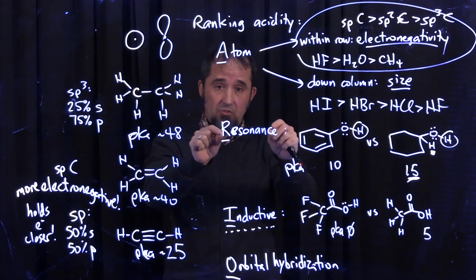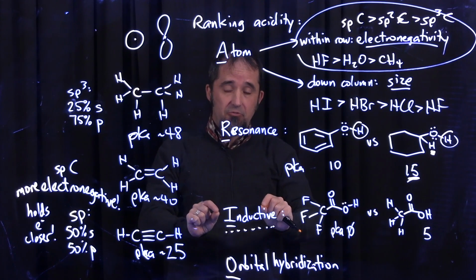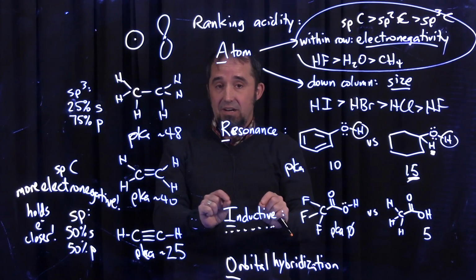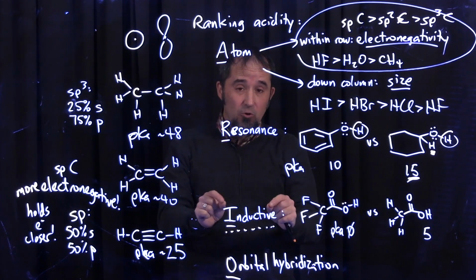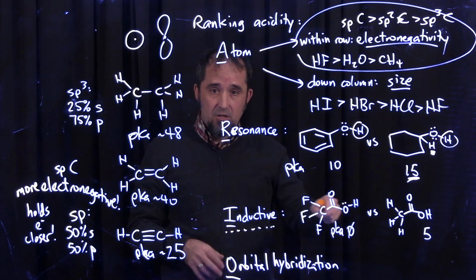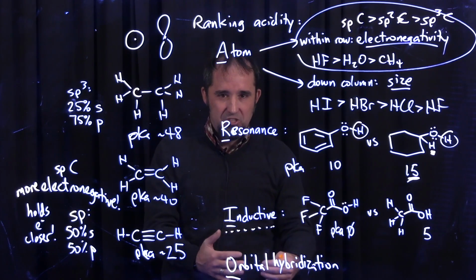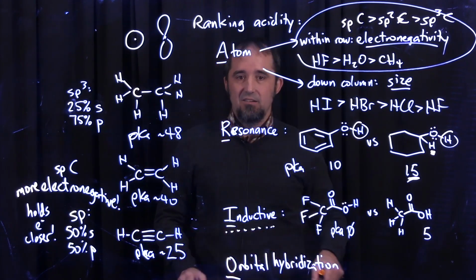Can I push those arrows around? If there's no resonance difference, okay, let's go to the inductive effect. Is there some really electronegative atom, especially fluorine, being able to pull electrons away from where that negative charge would be? Okay. Again, if you strike out there, just double check that there's not some alkyne there waiting to fool you.